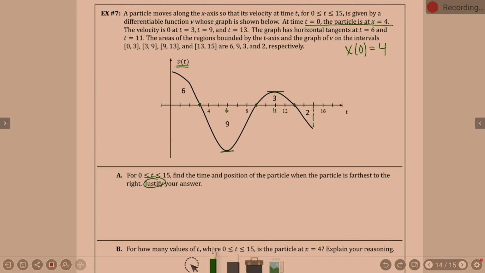So there's two different places we have to check and see how far right we are. Does that make sense? We need to figure out our position at x of 3, and our position at x of 13. In other words, which one are we farther right at?